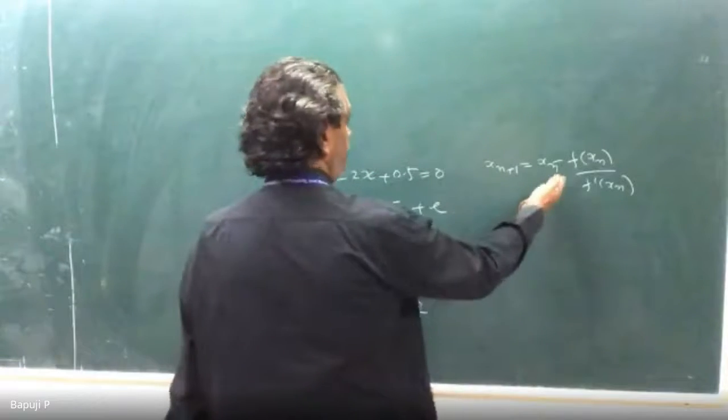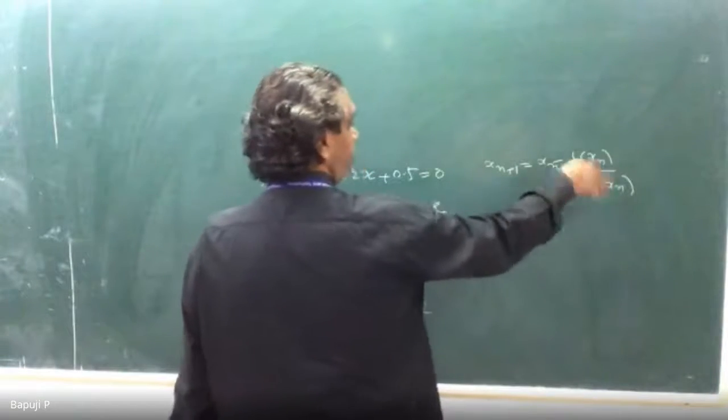Some people substitute f of xn and f dash of xn directly and simply write one formula.